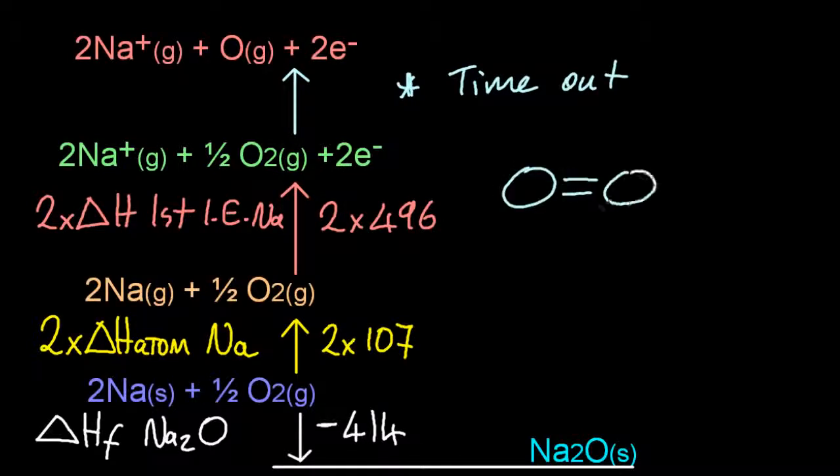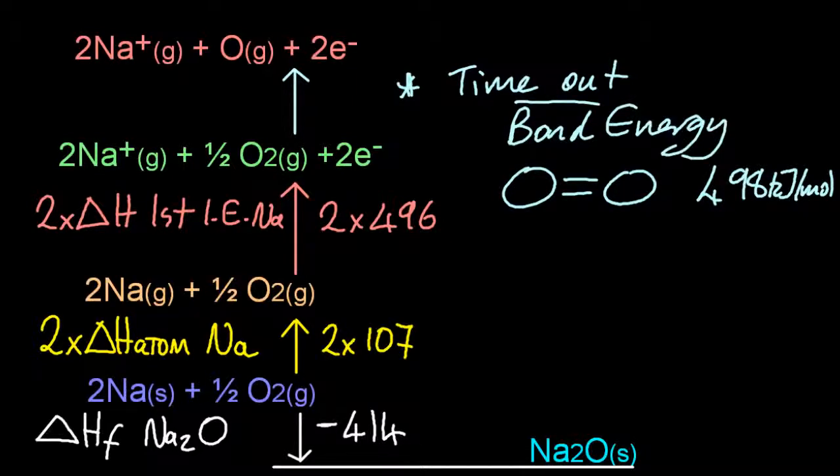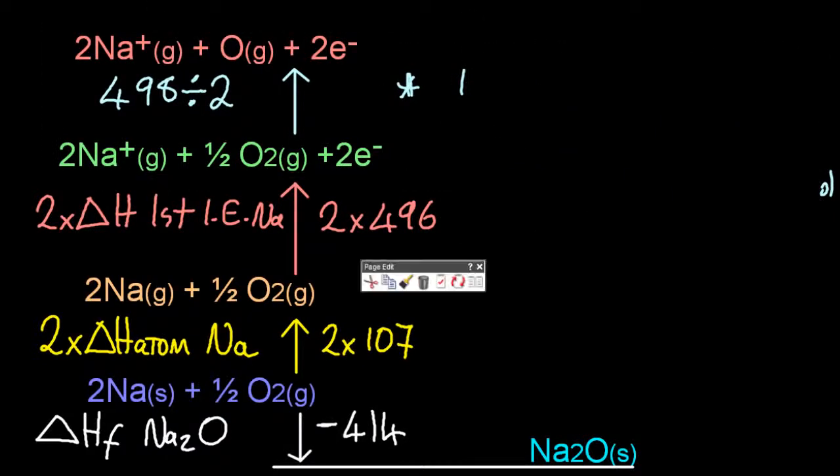So let's take a time out. If you go to the bond energies, you can see the oxygen-oxygen double bond is 498 kilojoules per mole. That's the average bond energy. So it's 498. No. That's to break a mole of bonds. But when you break a mole of bonds, you make 2 atoms. I only want 1 atom, so I'm going to have to divide my 498 by 2.